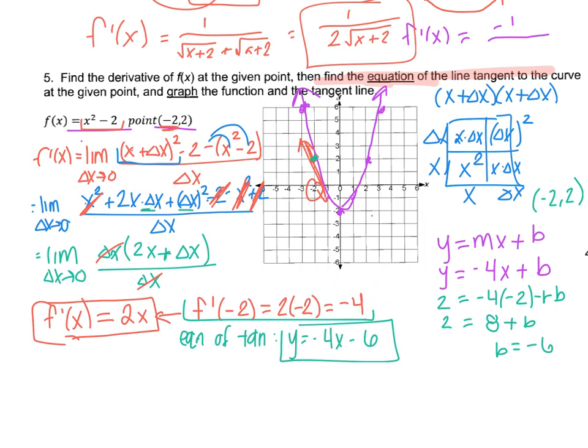Then we just finished finding the equation of that tangent line here, which should make sense. If I've got a y-intercept of negative 6 and a slope of negative 4, that would give me these points here, here, here. So here's the equation of that tangent line. Hopefully this is all coming together.